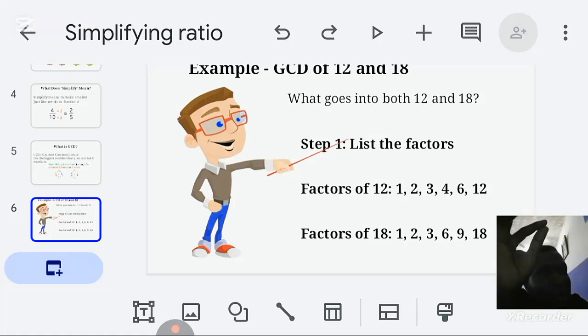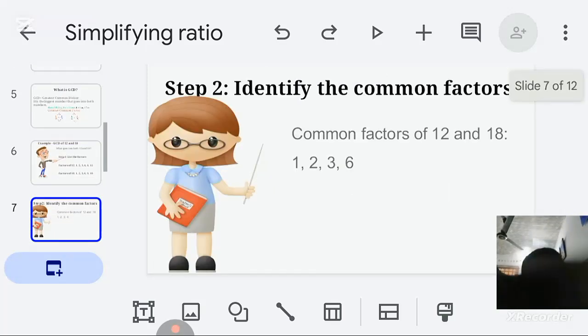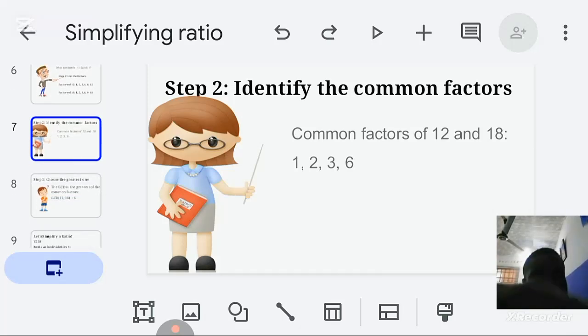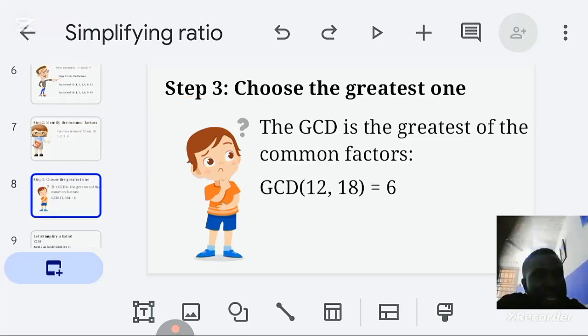These are the common factors. The greatest common factor among them is 6, which is the highest. So if you want to simplify 12 and 18, we are going to use 6, because 6 is the greatest common factor that can go into 12 and 18.